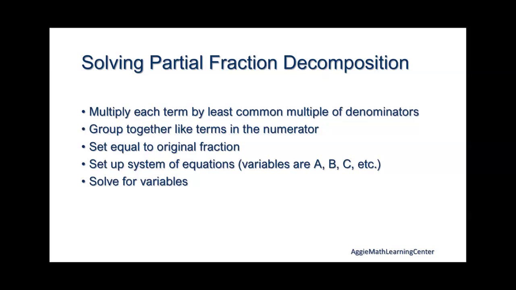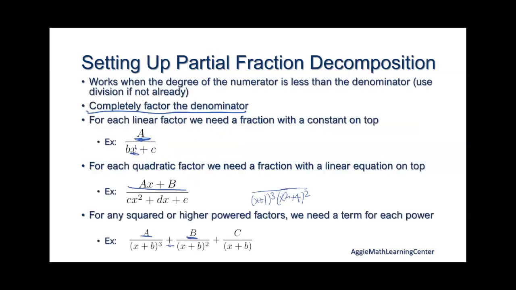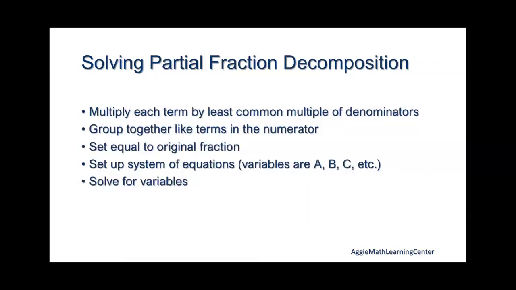So I'm trying to create a common denominator, usually by putting all the denominators together, how it was in the original fraction. Then we group together like terms of the numerator, set equal to the original fraction, set up the system of equations with the variables that are constants, and then solve for these letters right here. That will make more sense in a second.